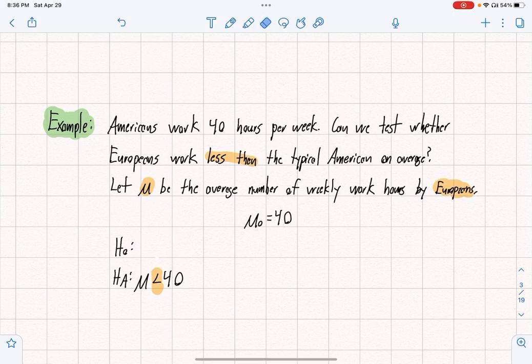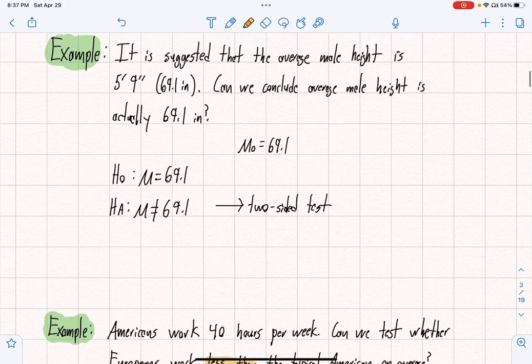And because the null and alternative hypotheses are complements of one another, our null hypothesis is mu is greater than or equal to 40 hours. And so this is going to be a one-sided test, because here it is less than. If we have a less than or a greater than here, we call it one-sided, compared to up here where not equal to is what we call a two-sided test.